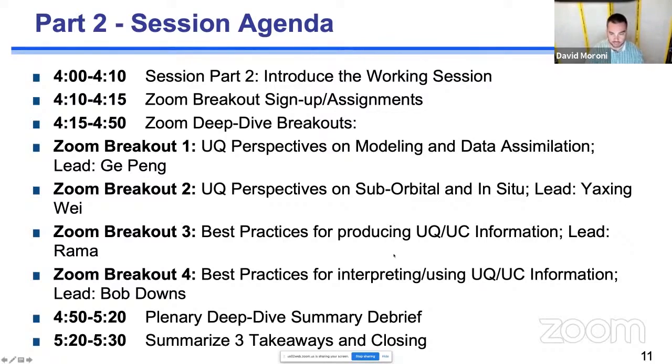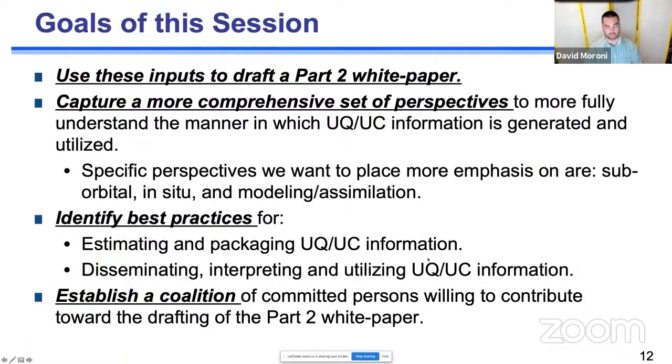So we're going to introduce what each of these is, but before we do that, let me capture some goals of the session. In this deep dive working session, we're going to capture the inputs from these different topics and use them to provide an outline and a set of preliminary consensus statements that we'll use to start drafting our part 2 white paper. We also want to capture a more comprehensive set of perspectives from what we already have.